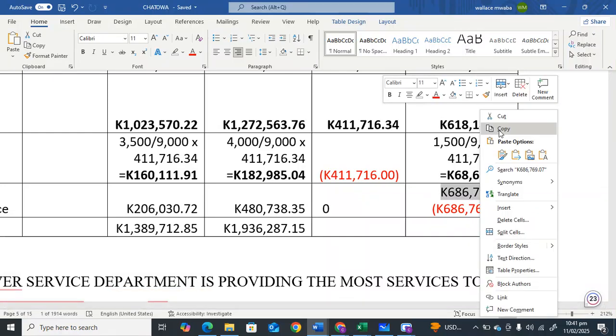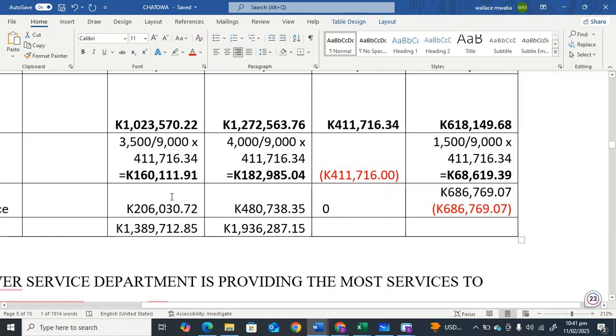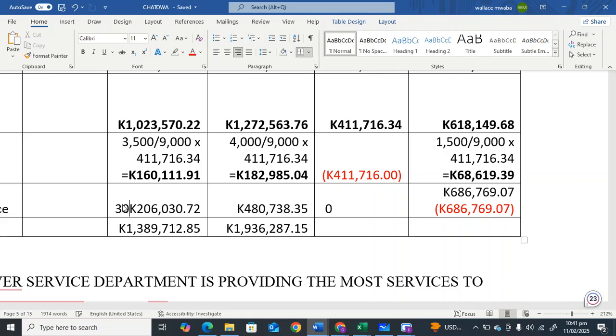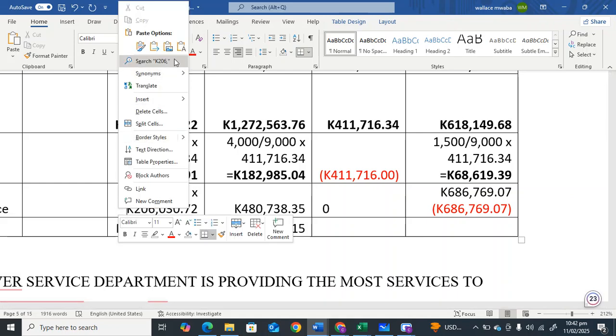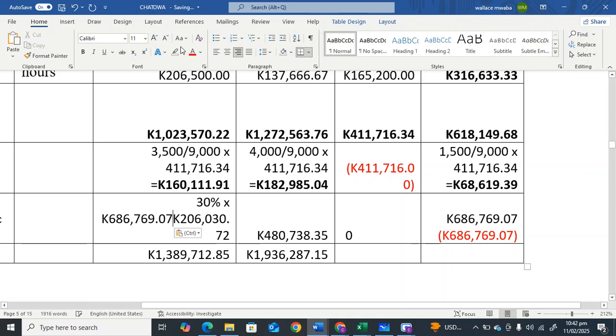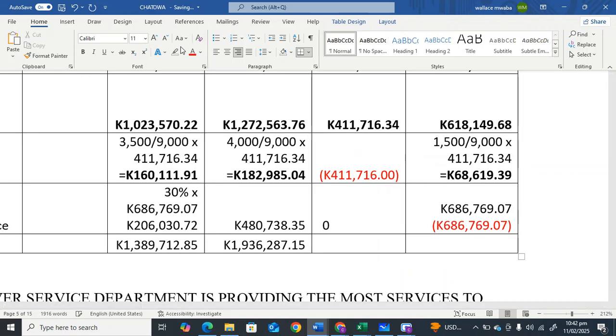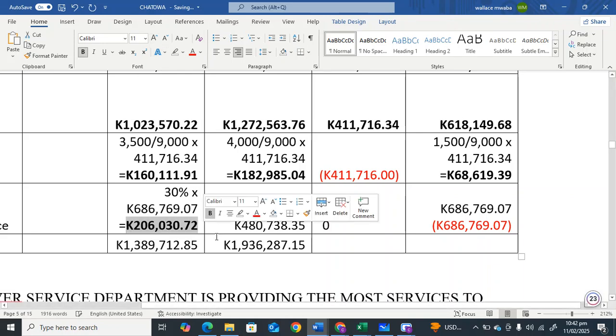Okay, 30% multiplied by the maintenance overhead. Colleagues, what values are we getting? Are we getting a similar value to this 30% of?